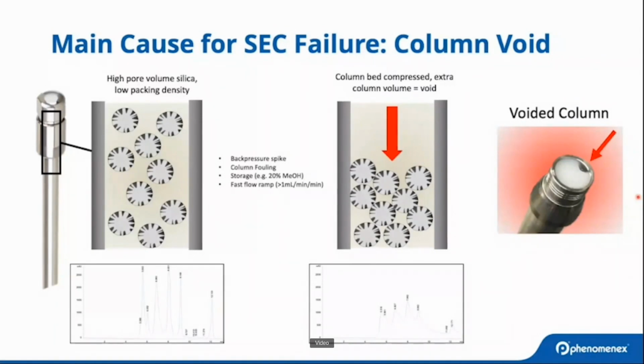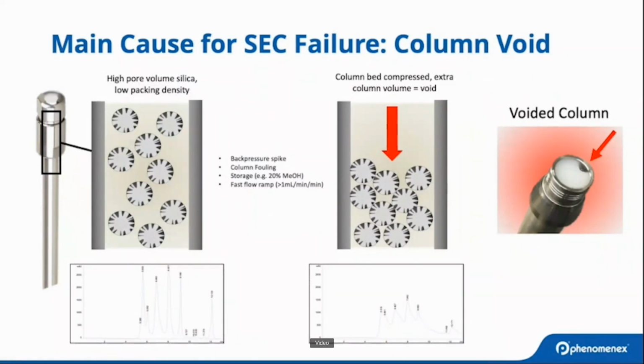Regardless of the reason, the result is a column void, which is a huge cavity at the head of the column bed, which results in a blob on your chromatogram, which is what we see at the bottom here. And you can't restore the column once this has happened. You have to replace it.